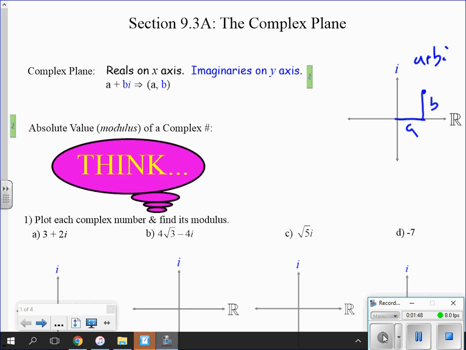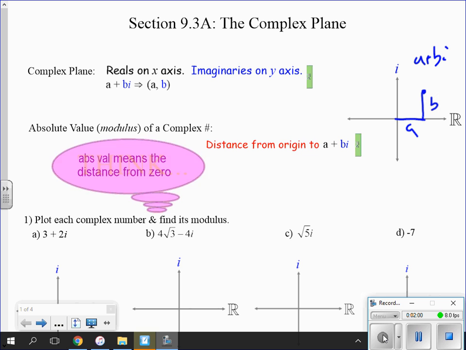Okay. Now the modulus of a complex number is the distance from the origin to the point. Remember, absolute value means the distance from 0. So the modulus is the same number every single time.